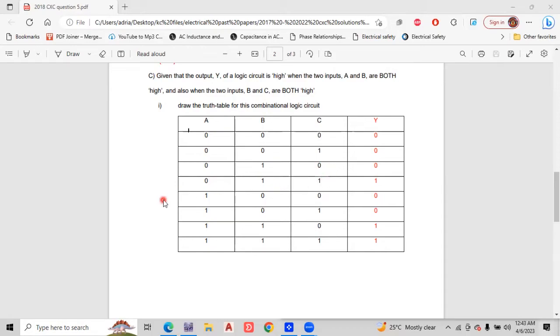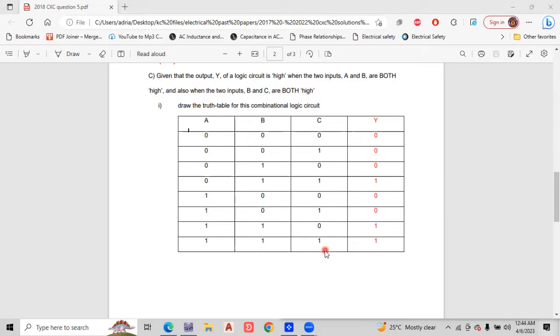For the fifth row, for A, 1. For B, 0. For C, 0. For the sixth row, for A, 1. B, 0. C, 1. For the seventh row, A, 1. B, 1. C, 0. For the eighth row, A, 1. B, 1. C, 1.